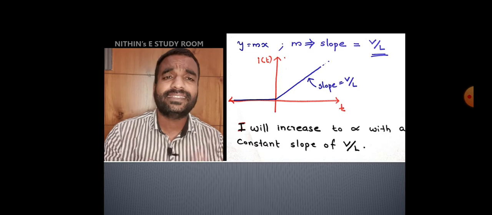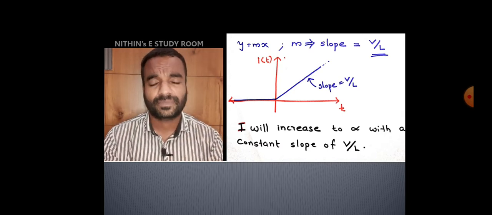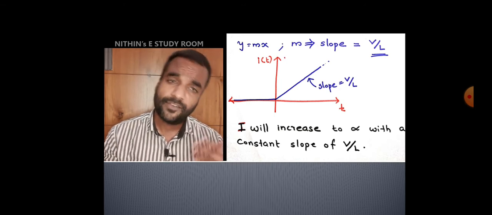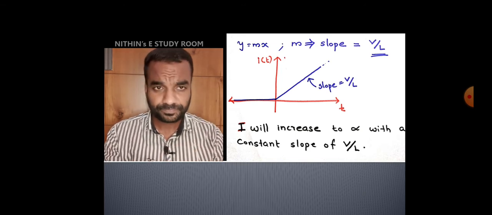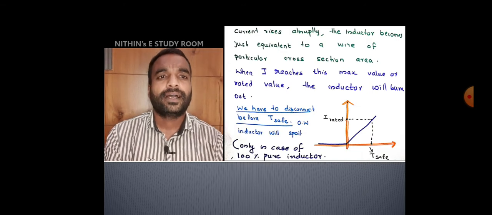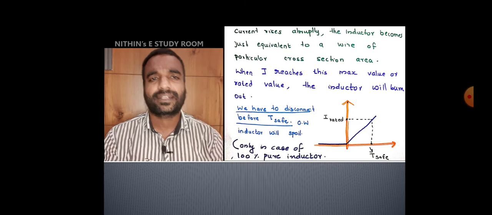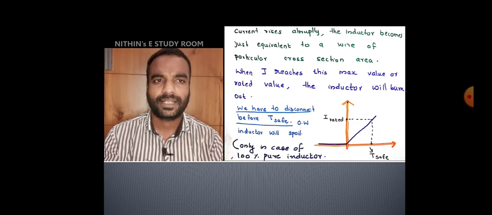So if a pure inductor is connected directly across a DC supply, what happens? The current will ramp to infinity with a constant slope of V by L. And we know that if you permit the current to ramp up, definitely the inductor will get burned out at some stage.